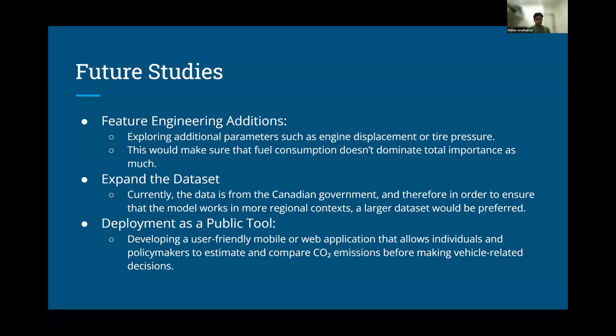Also, I want to do a deployment as a public tool, so I want this to be accessible to more people. And one of the great ideas that I had, and I'm working towards doing that, is actually using this in car checkout systems so that when people are actually buying a car, they can use this tool and make the best choice, the greener choice.